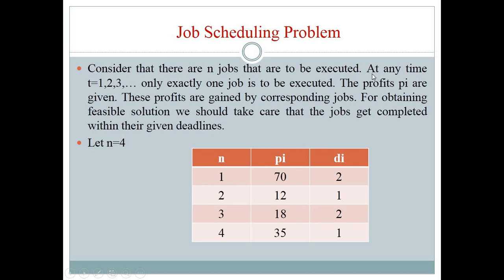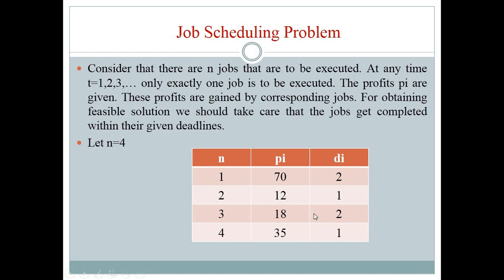So we have to apply the corresponding rule that at any time t, only exactly one job is to be executed. Here job number 2 and job number 4 have a deadline of 1, so we can start only one job with deadline 1.